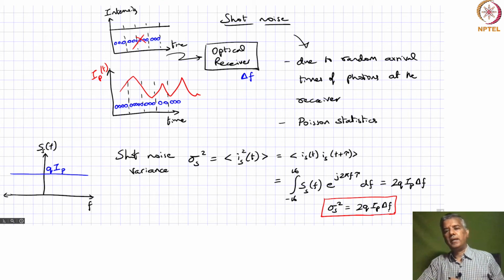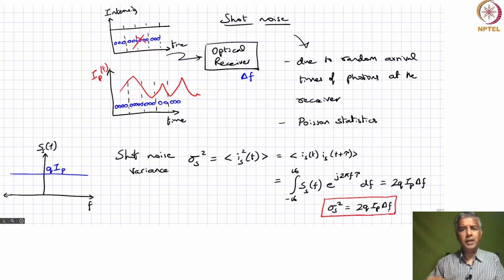Okay. Now, that represents the noise that we get when light is incident on the photodiode, but you could also have noise that has characteristics similar to shot noise through thermally generated carriers.